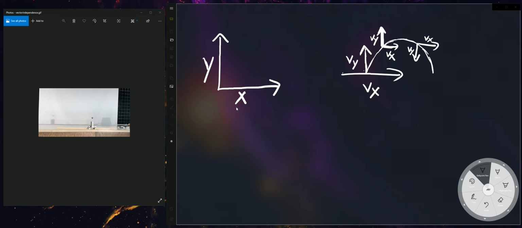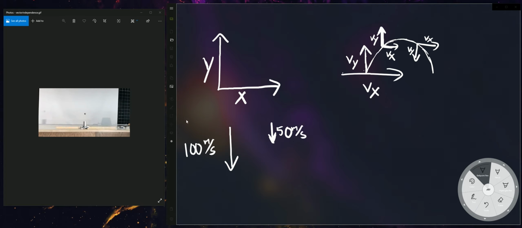They don't mix because, let's take a look at vector addition. Let's say I have a vector of 100 meters per second and another vector of 50 meters per second.